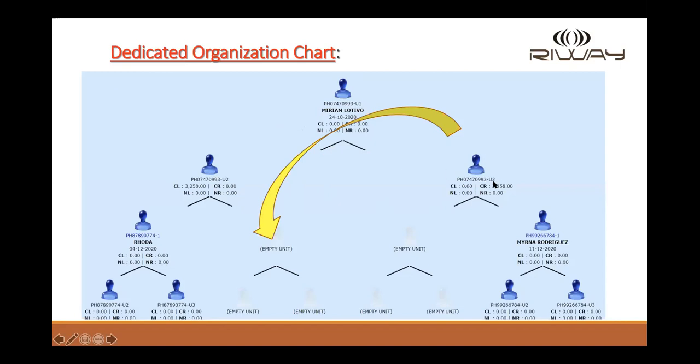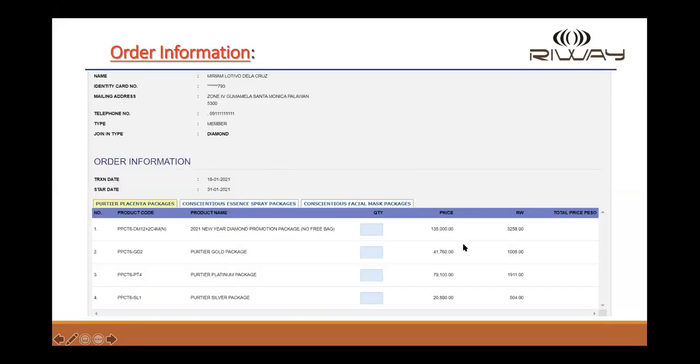Now, because we go by pairing system, if I want to encode here, it will be under Miriam PH 07470993 unit 2. Unit 2, we have left, we have right. Left is already taken by Rhoda, so we need to encode unit 2 right. And if we want to encode over here, it will be unit 3 left, because unit 3 right is already taken up.